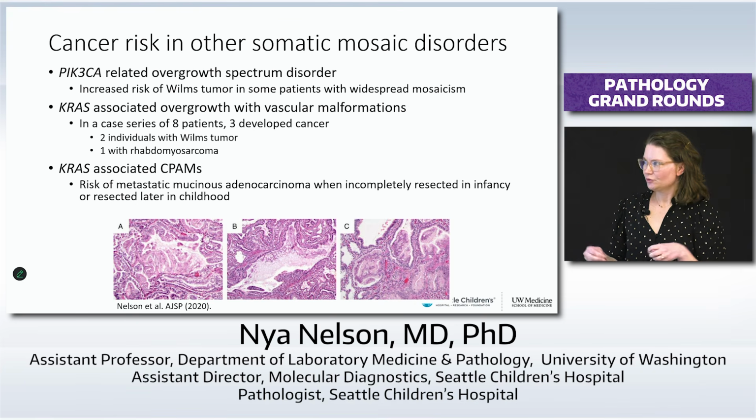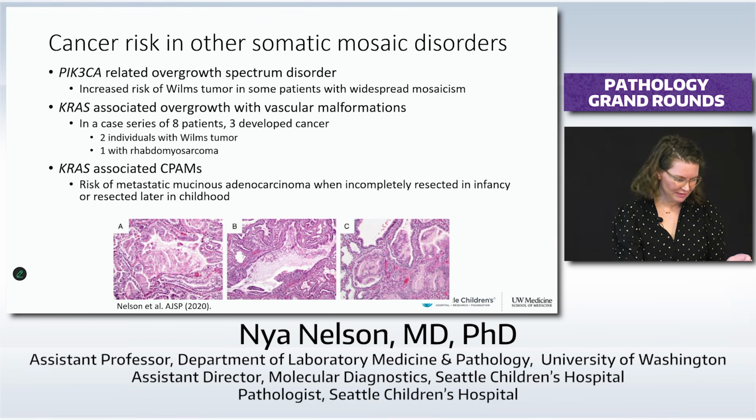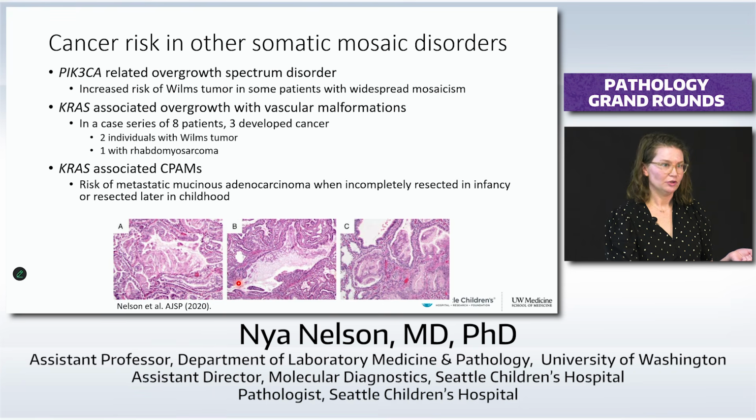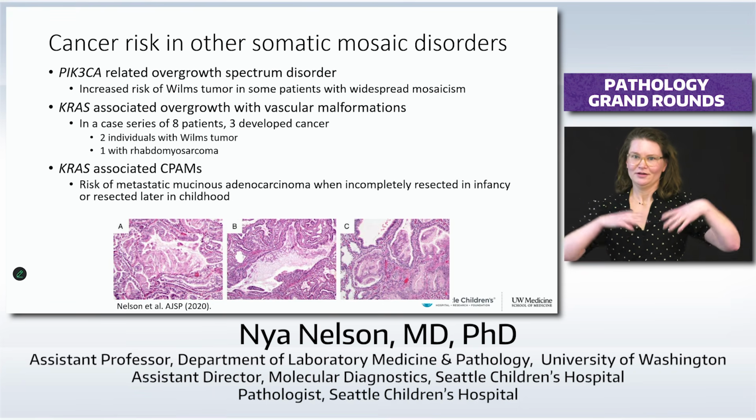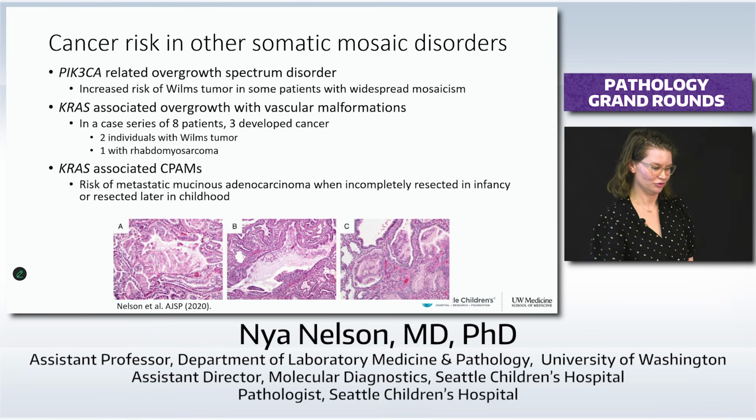And you can have truly metastatic mucinous adenocarcinoma that arises within those CPAMs. And that's thought to arise from some of these cells you can see here. And so even within infants, you have these kind of atypical looking mucinous cells. And the thought is that over time, if the lesion lingers, then those can gain malignant potential.